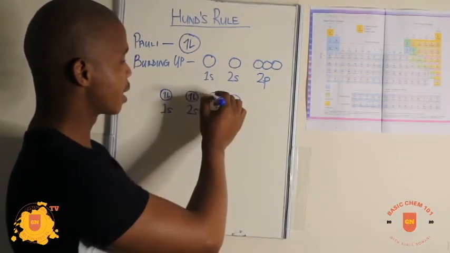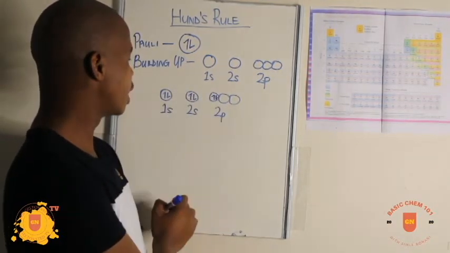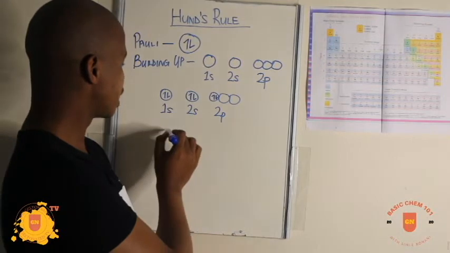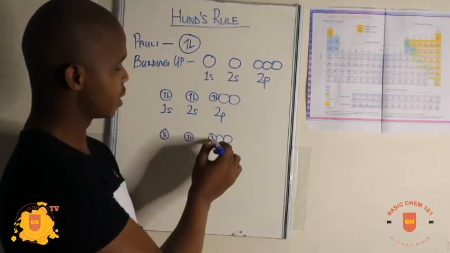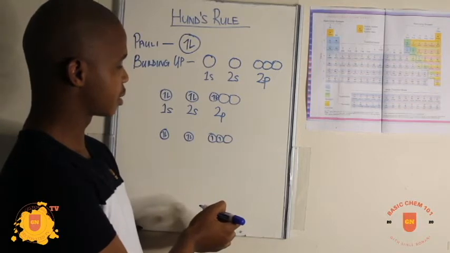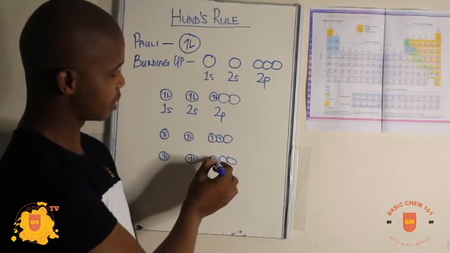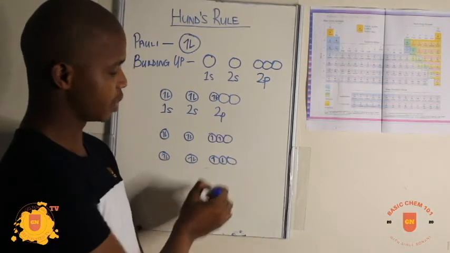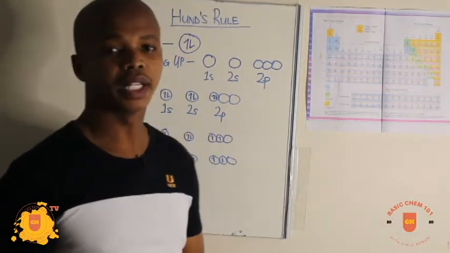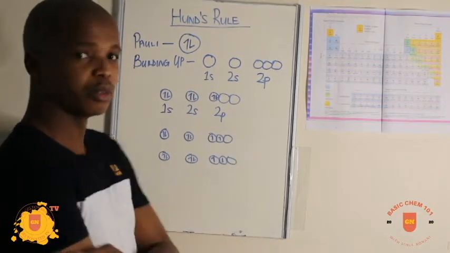So either I can have 1, 2 electrons, or I have 1, 2 electrons, or I have 1, 2 electrons. In that case, I do not know how to fill the p orbital.